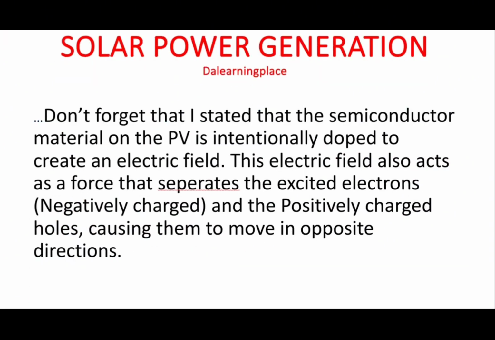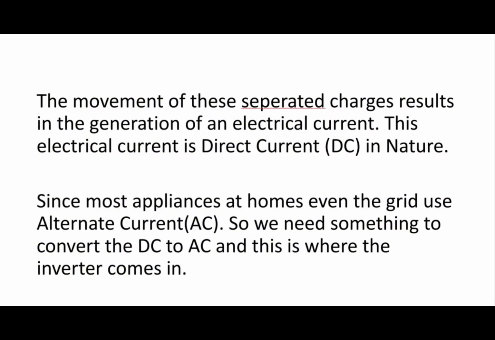Don't forget that I stated that the semiconductor materials on the PV is intentionally doped to create an electric field. These electric fields act as a force that separates the excited electrons, which are negatively charged, and the positively charged holes, causing them to move in opposite directions. The movement of these separated charges results in the generation of an electric current. This electric current is direct current, DC in nature.